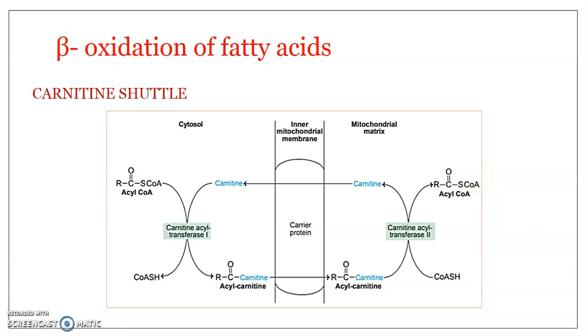This takes place with the help of the next enzyme, CAT2, carnitine acyl transferase 2. The acyl carnitine combines with coenzyme A, and this results in the formation of fatty acyl coenzyme A. So the fatty acyl coenzyme A is regenerated here, and carnitine is regenerated again.